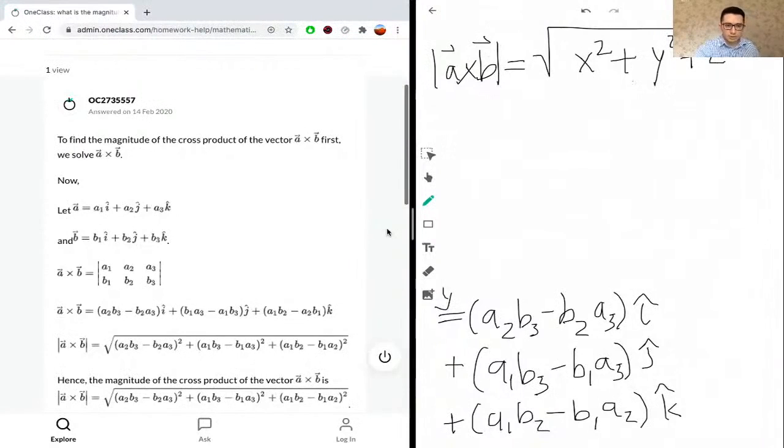This is just the basic magnitude formula, where we have the square root of each component squared. I'll erase what's in there and fill that out based on what we've calculated.